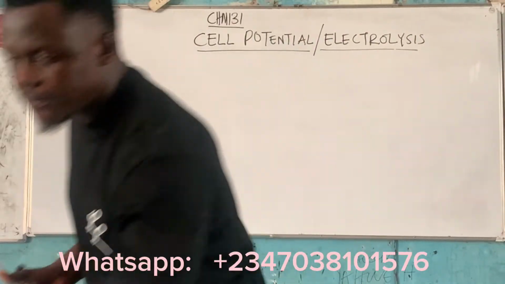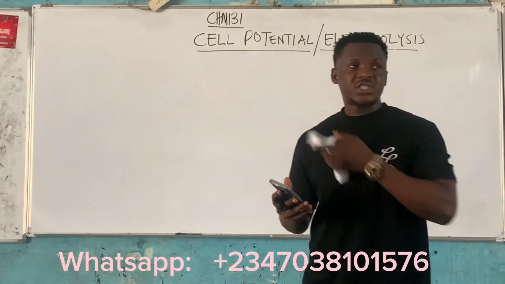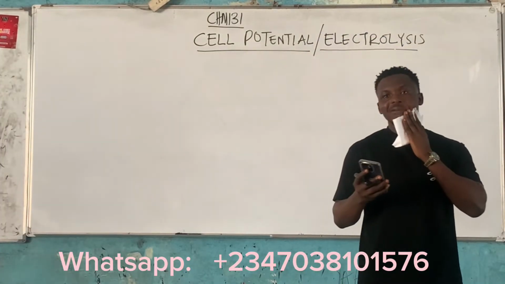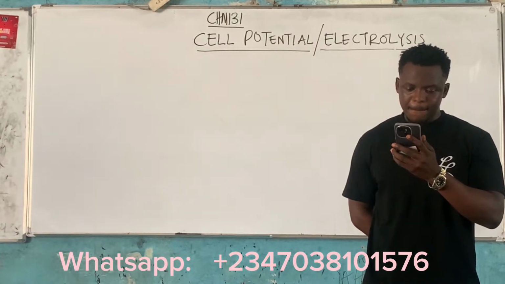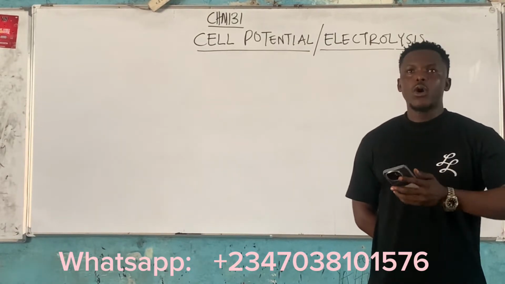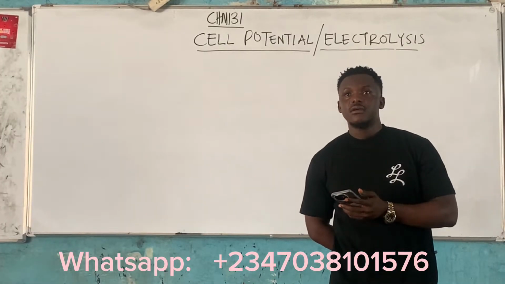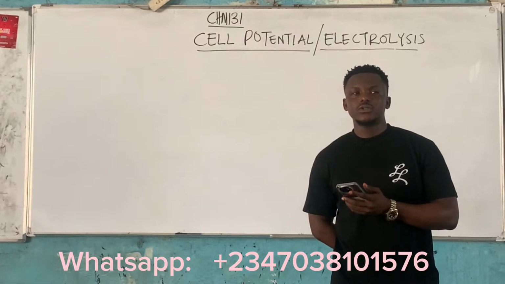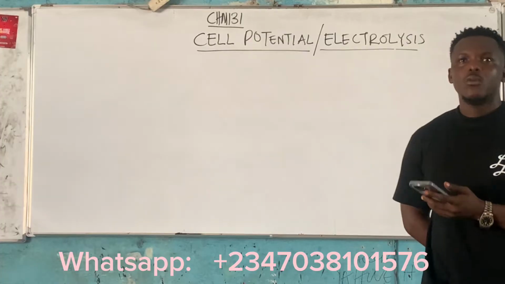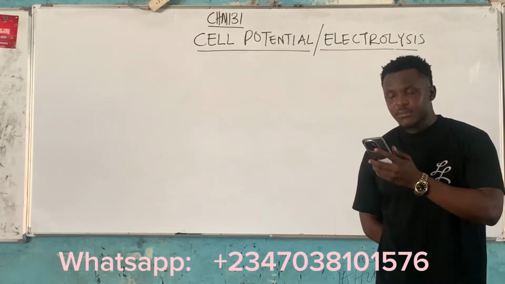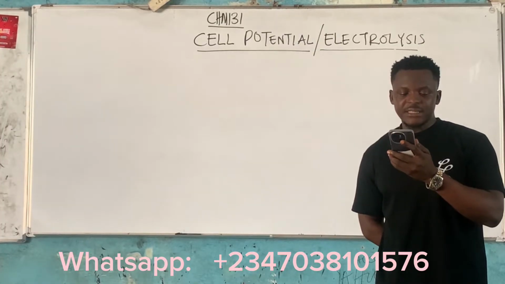Cell potential is a difference between two electrode potentials. One of the electrodes is the cathode, whereas the other is the anode.